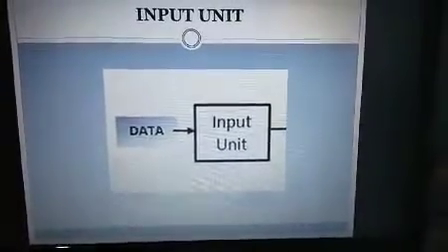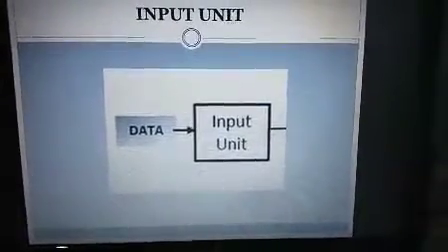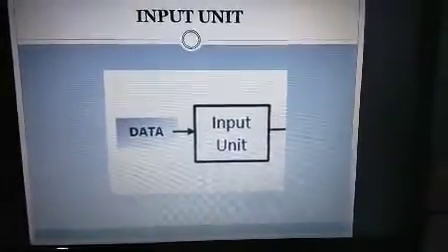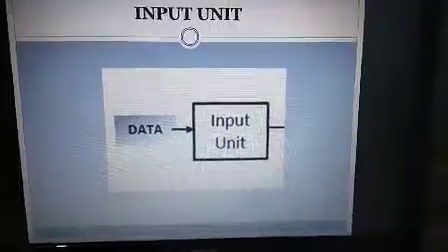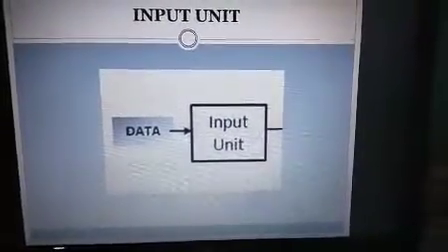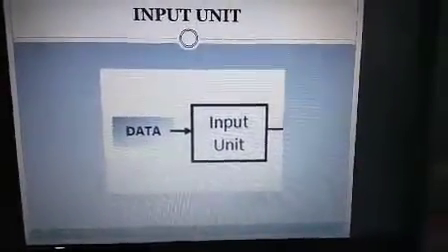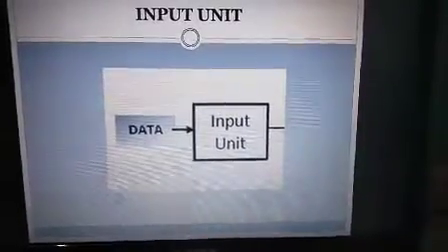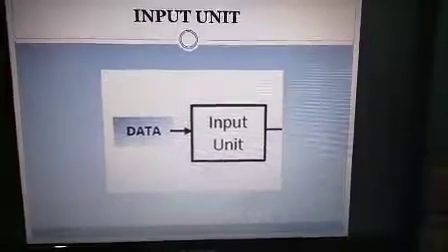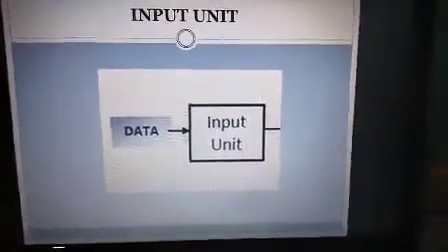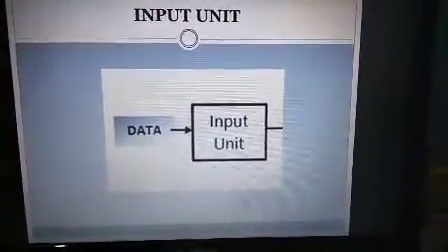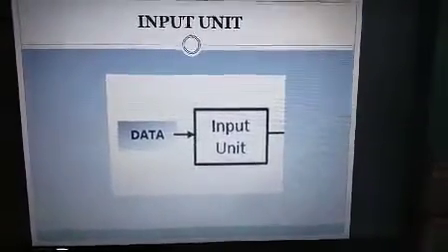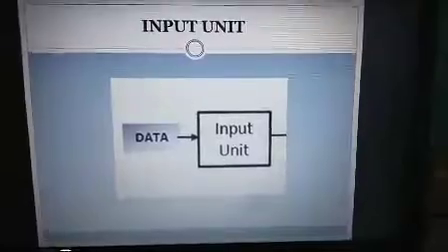It can be an image, an English alphabet, a numeral, anything. So data is the primary thing that we give to the computer via the input unit. The input unit consists of various hardware such as the keyboard, the mouse, the joysticks. The data is fed to the computer's memory using an input unit.